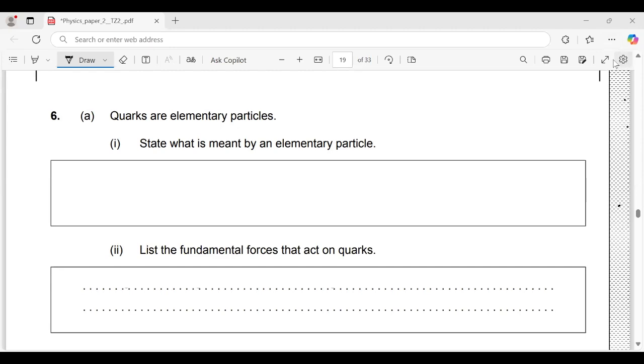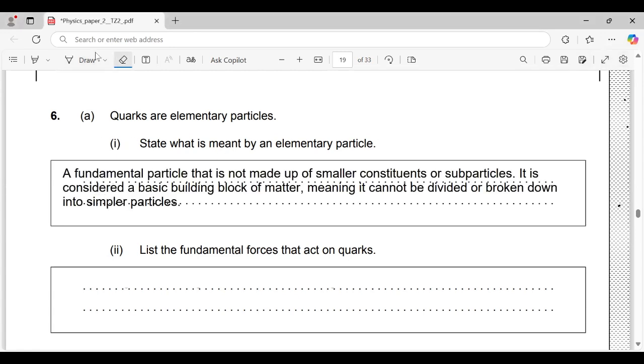Quarks are elementary particles. State what is meant by an elementary particle. I have provided my explanations about this question. An elementary particle is a fundamental particle that is not made up of smaller constituents or subparticles.